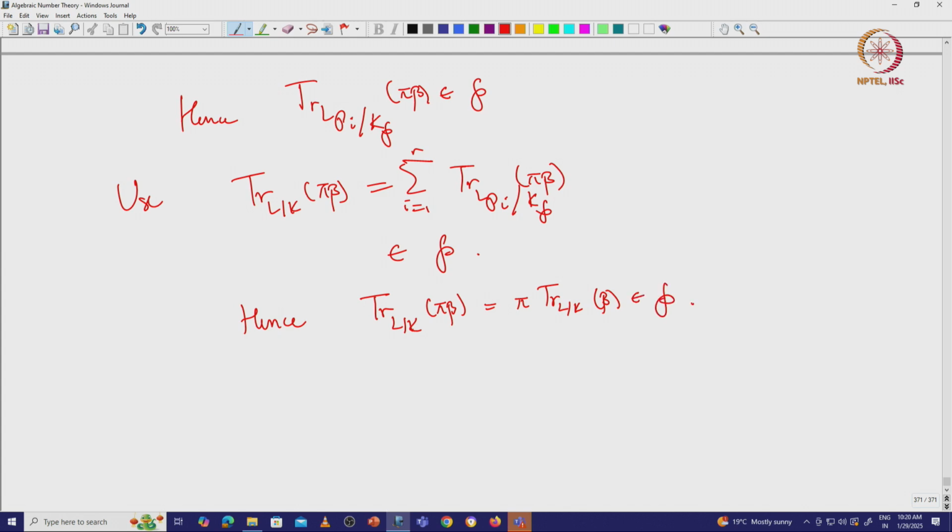This means that trace L over K of beta is inside O_K, we write it like this, it's inside O_p. Therefore, beta is inside D_L over K inverse.